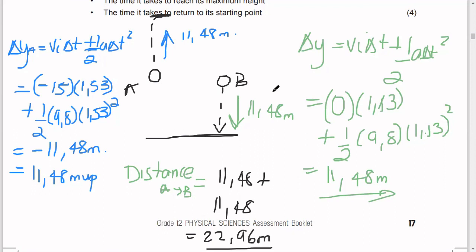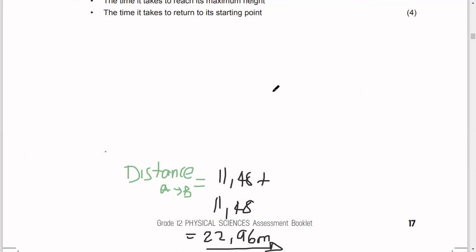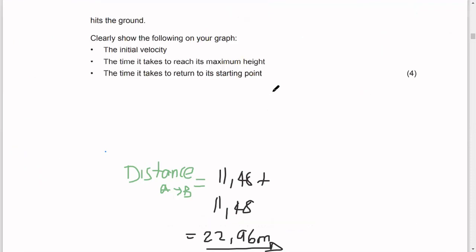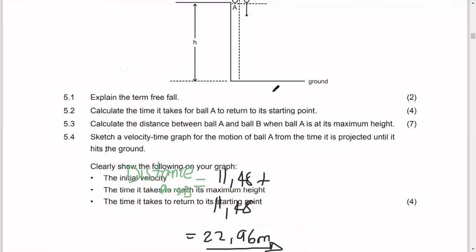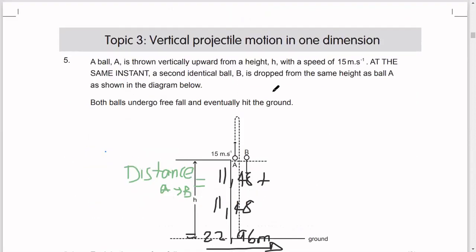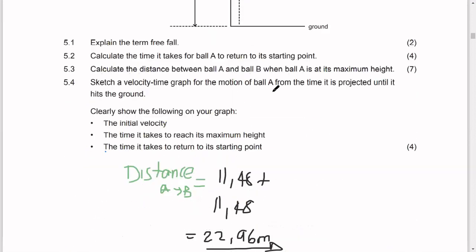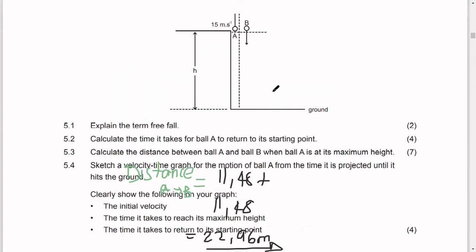So that's the distance between the two balls. That would be the distance calculated between ball A and ball B.